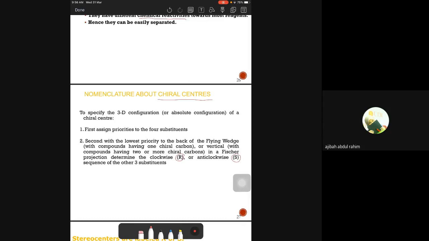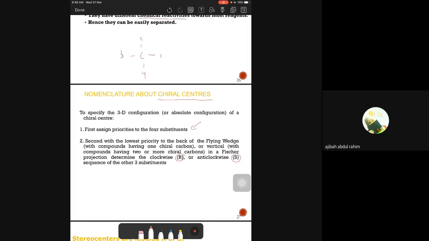So based on this, to specify the 3D configuration of a chiral center, you have to assign priorities of the 4 substituents. So earlier, you have your C in the middle, the carbon in the middle with 4 different groups. I use numbers now: 1, okay, 2, 3, and 4.